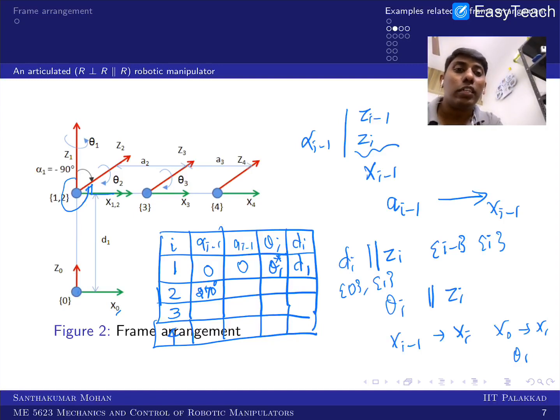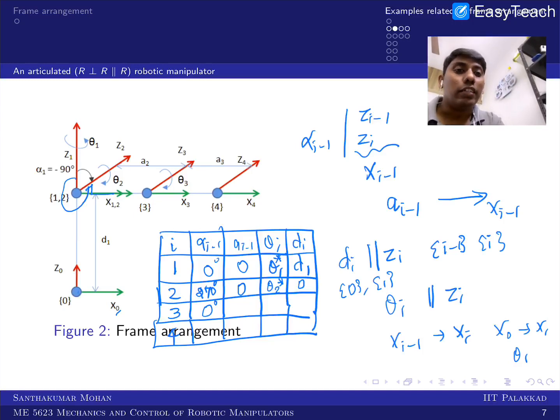And there is no distance from 1 to 2 along x1, and since Z2 is a new axis that has a variable, this is theta 2 star, and there is no distance along Z2, so that is 0. Now coming to the third frame, 2 to 3, there is no joint axis rotation because these two are parallel, so I put 0 degree.